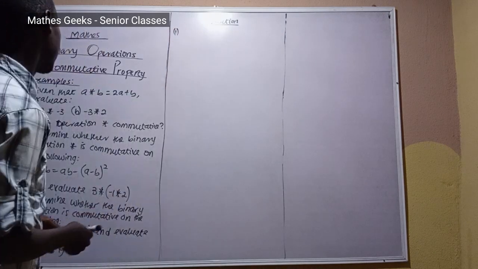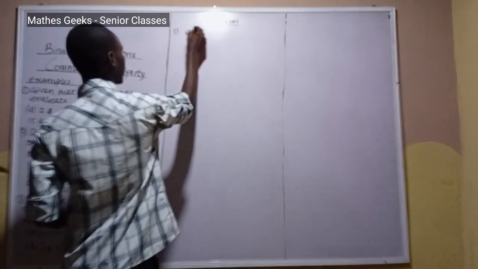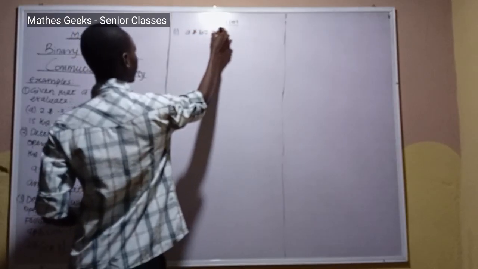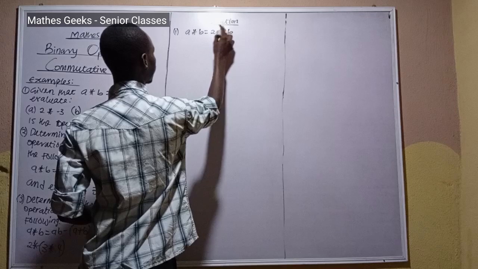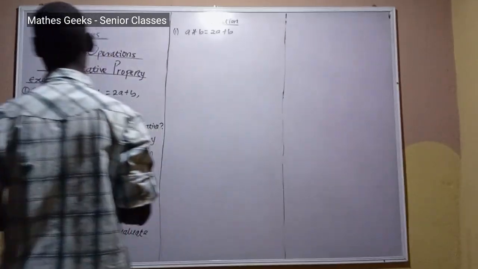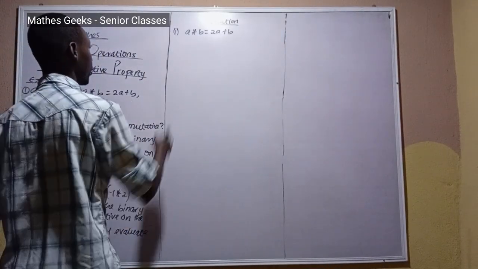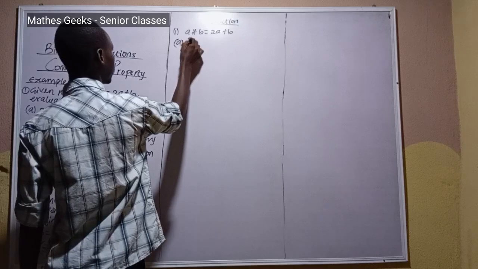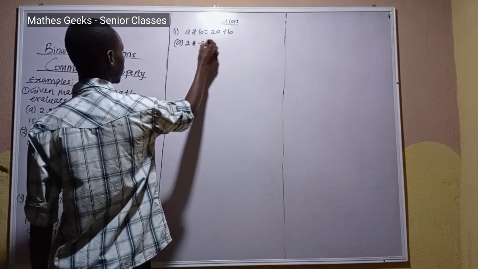So given that A star B is equal to 2A plus B, evaluate 2 star minus 3.